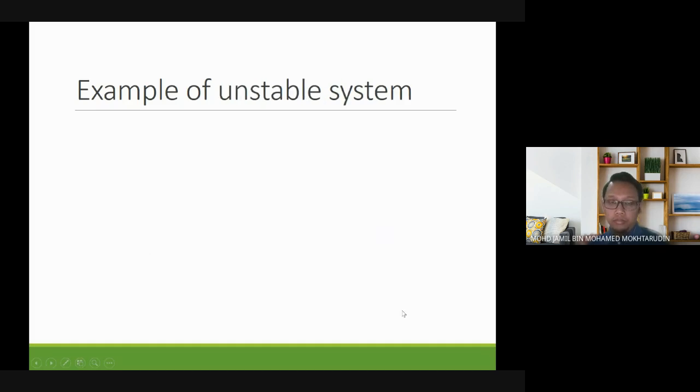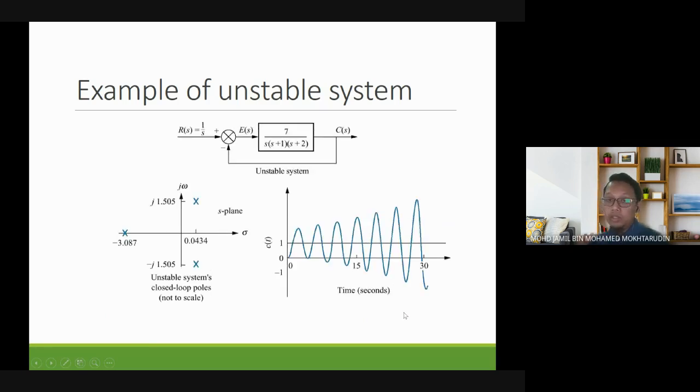Let's look at an unstable system. You have another block diagram with transfer function 7 divided by s times (s plus 1) times (s plus 2), also with unity feedback. Then you can find the closed loop transfer function, find the poles, and plot them on the S-plane.